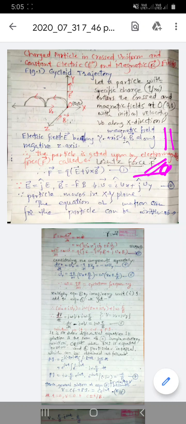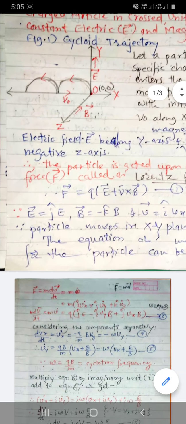Now we have to see one by one the components of the respective fields. E bar equals j cap E, B bar equals minus k cap B, and v bar equals i cap Vx plus j cap Vy, equation number 2. In equation number 2, we are expressing these three components.